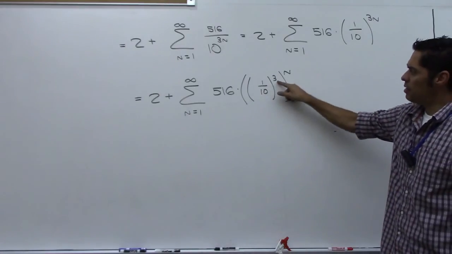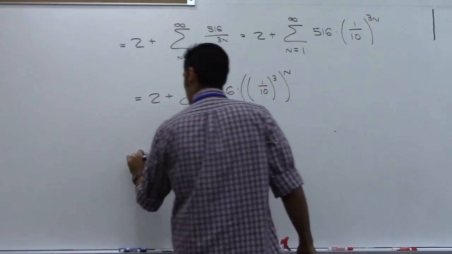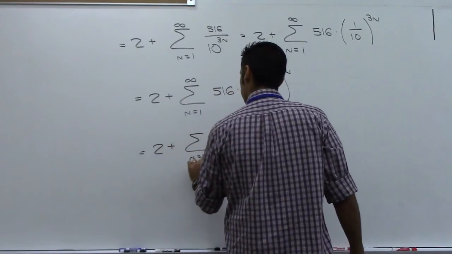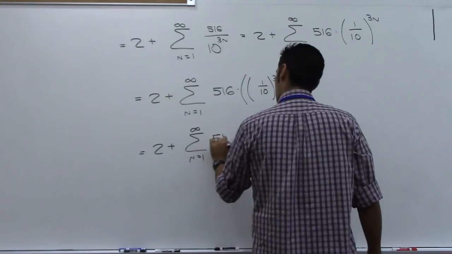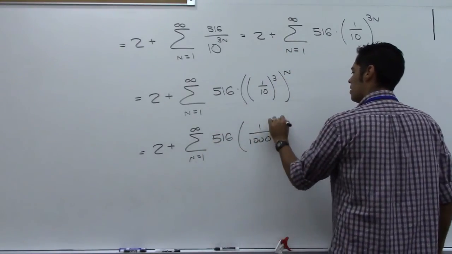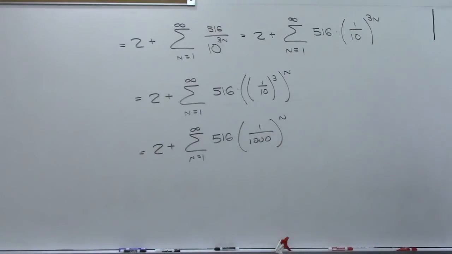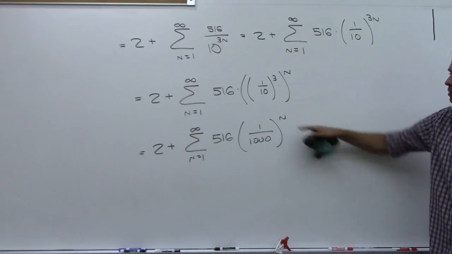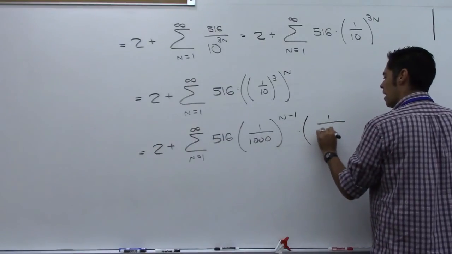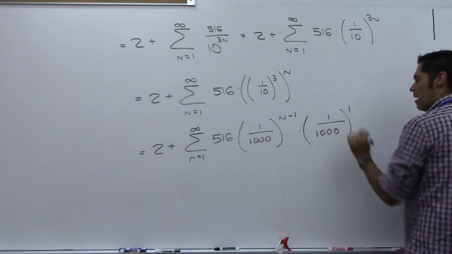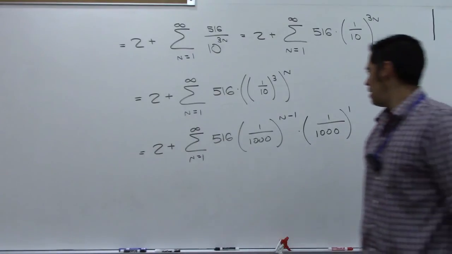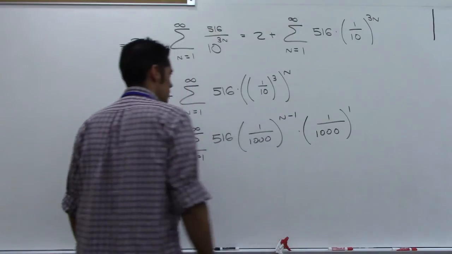Now 1/10 cubed is 1/1000th to the n. And all I need now is to make this an n minus 1. So I'm going to make it a minus 1, but then remember I have to multiply by 1 over 1,000 to the first power. So I kind of did that really quick. And I should be able to get this from this right here.